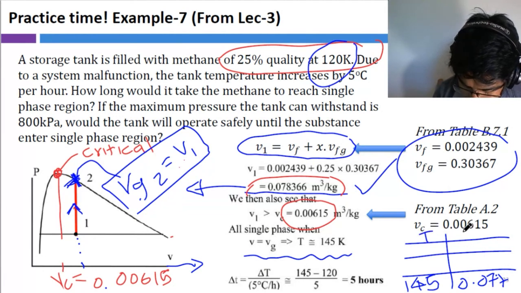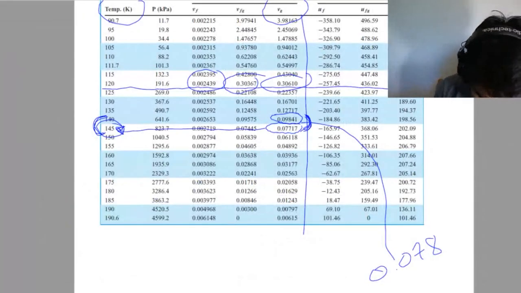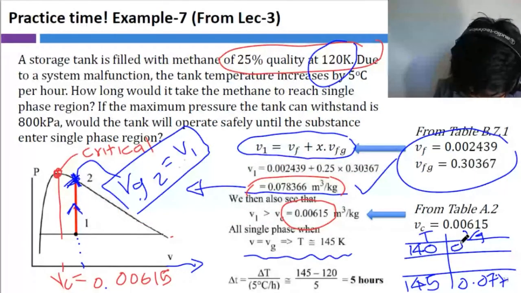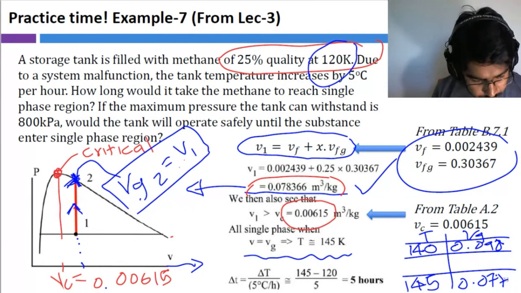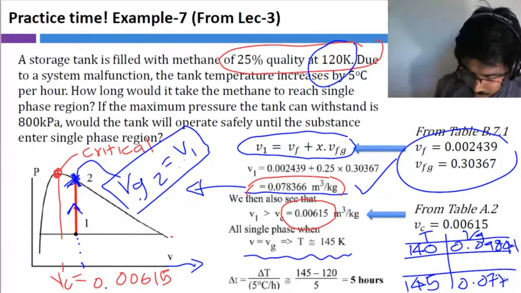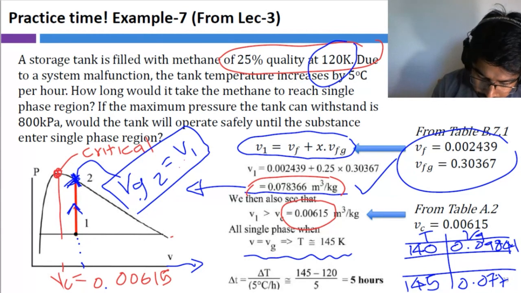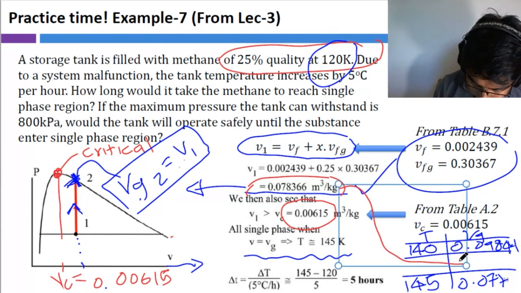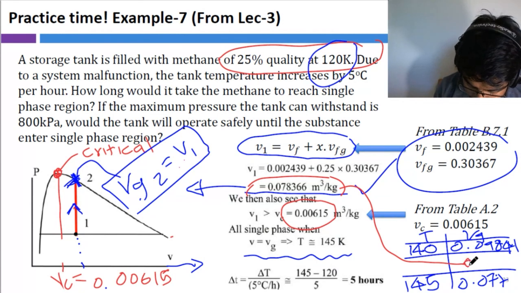This is temperature, this is specific volume Vg, and then we had 140, sorry, we had specific volume as 0.09841, and our specific volume that we are interested in is this one, right?